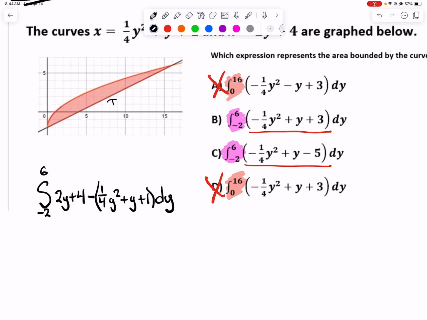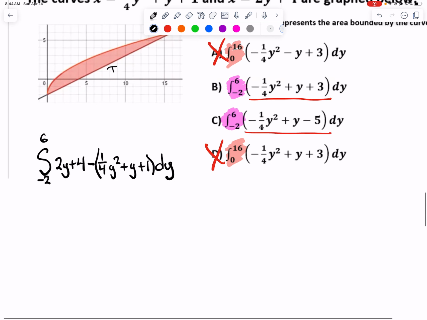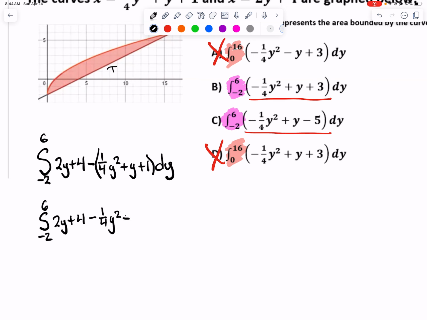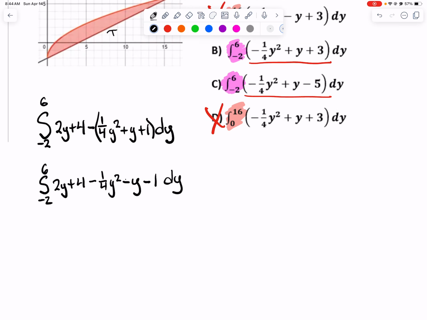That doesn't match up with anything yet, so let's just keep simplifying. My front is going to stay the same, 2y plus 4. I'm going to distribute my negative, so it's -1/4 y squared minus y minus 1 dy. Again, that doesn't match up with anything just yet, so let's simplify it one last time, hopefully. Let's combine like terms.